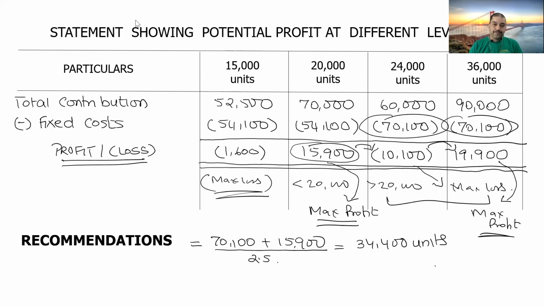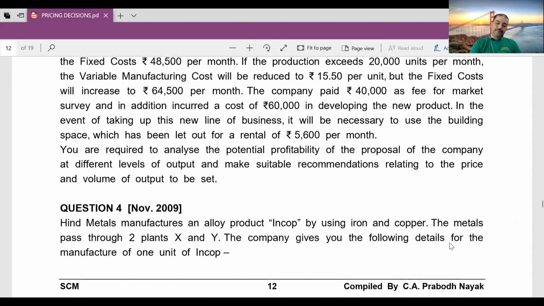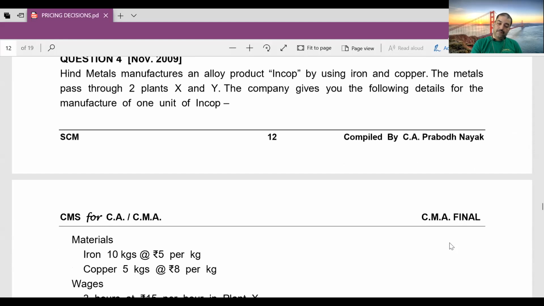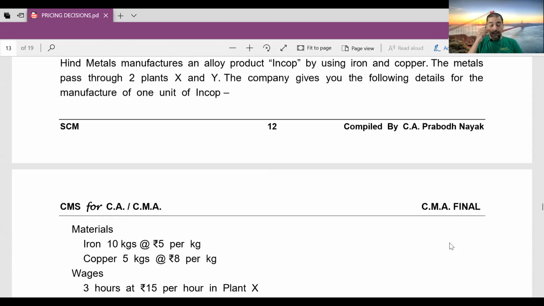Question number 4. Hind Metals manufactures an alloy product INCOP by using iron and copper. The metals pass through two plants, X and Y. The company gives you the following details for the manufacture of 1 unit of INCOP.